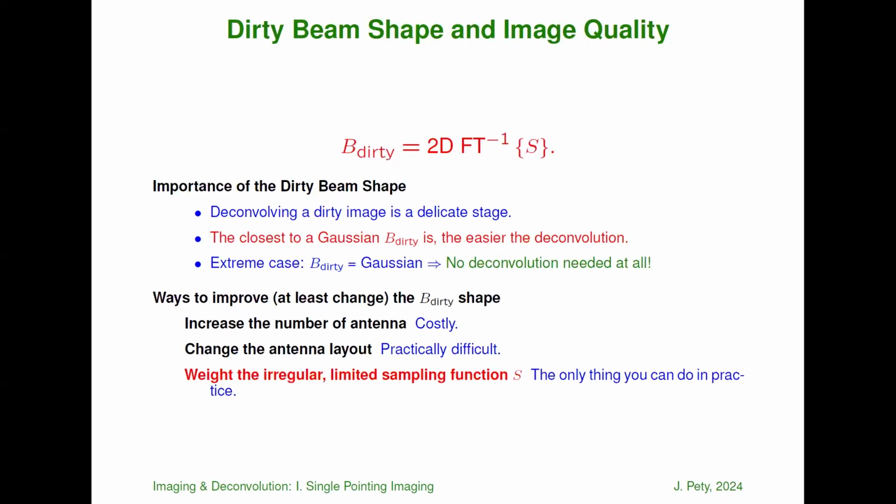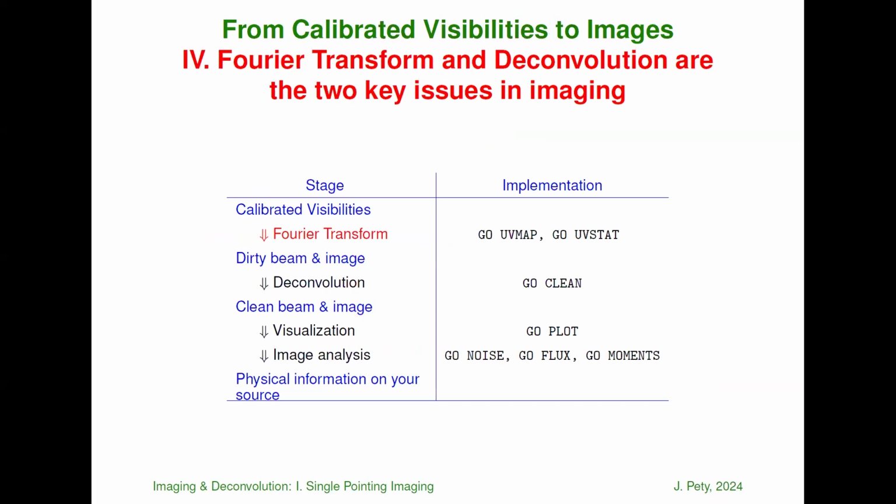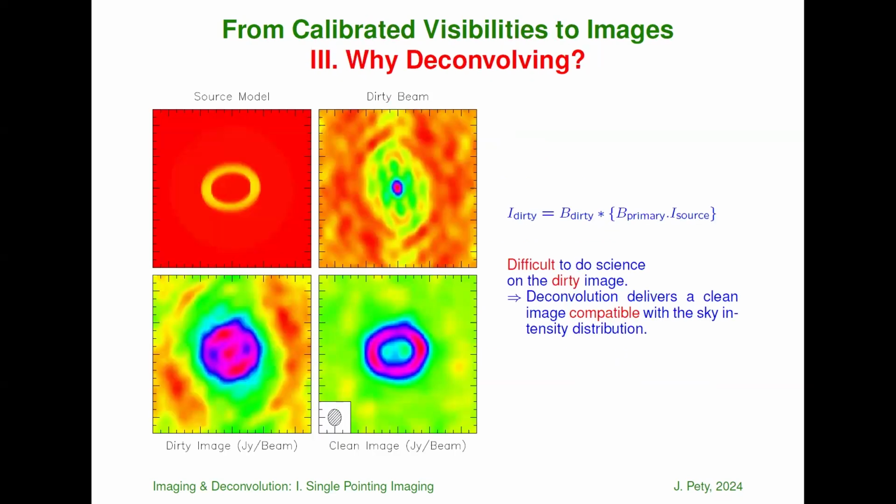What about the quality of your dirty beam? So the dirty beam, the point spread function of your interferometer, is the inverse Fourier transform of the sampling function. So when I gave you the reasons why we should deconvolve, you immediately see that by convolving your source model by the dirty beam, the quality of your dirty beam will impose the quality of your dirty image.